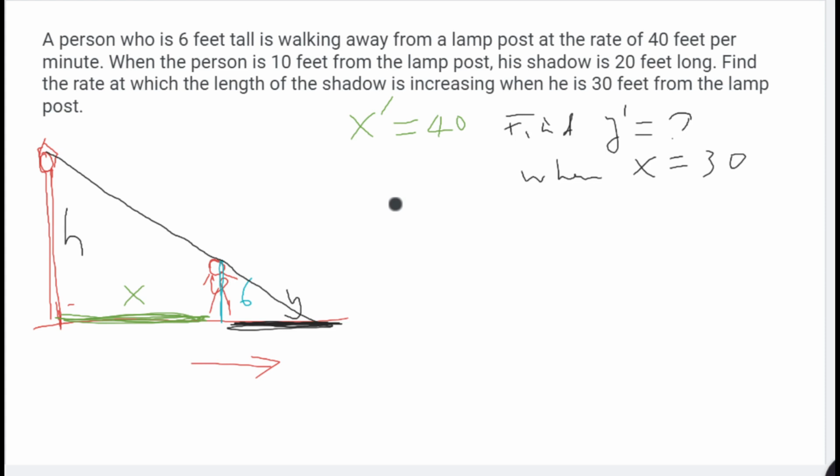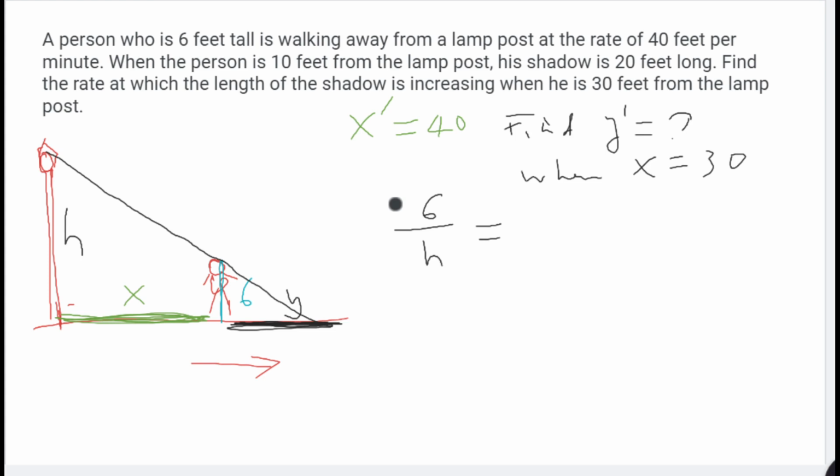Well, the sides are proportional. Corresponding sides are proportional. For example, we can say the height versus the height, right? So the height of the person, 6, over h. Height versus height compared to base versus base.